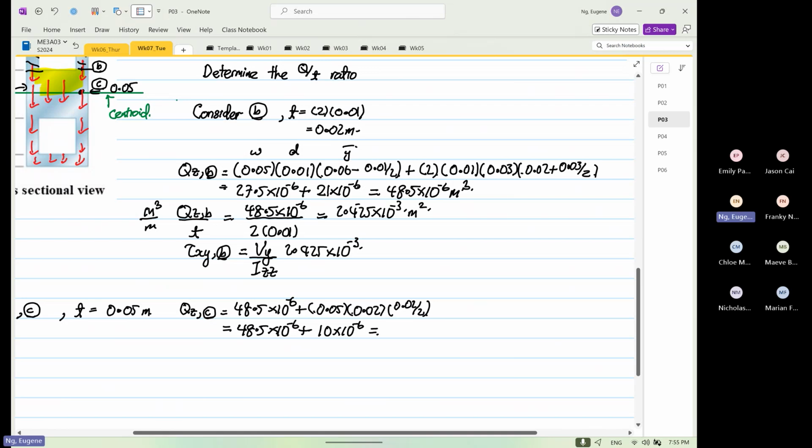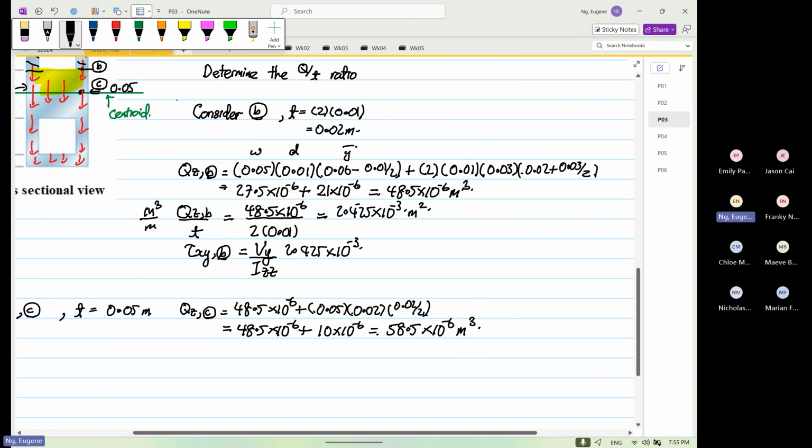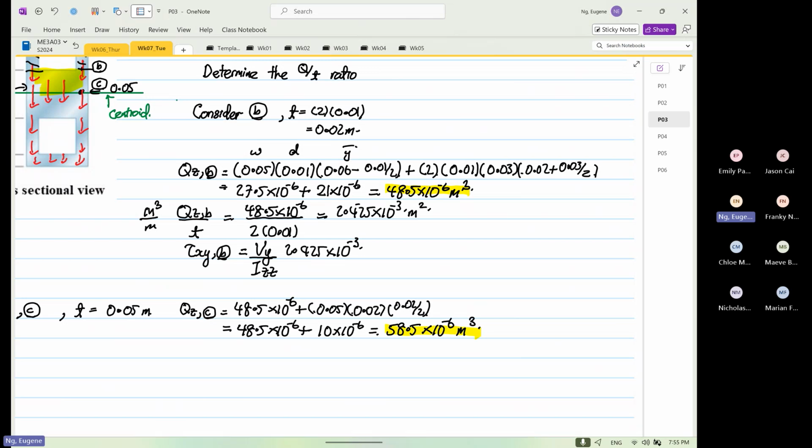It's equal to 58.5 times 10 to the power minus 6 meter cube. So you can see if I were to highlight the two values, right? QZ at point A is 48.5. At the center is 58.5 as expected, right?